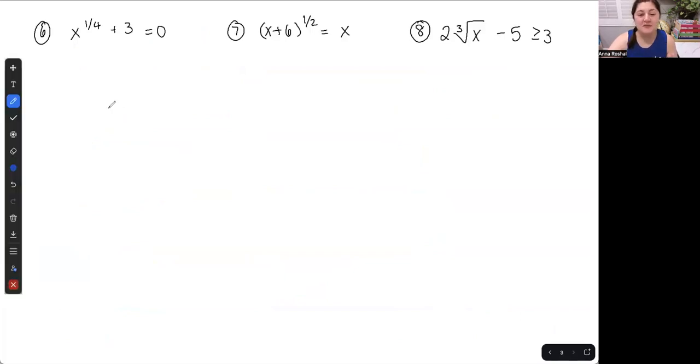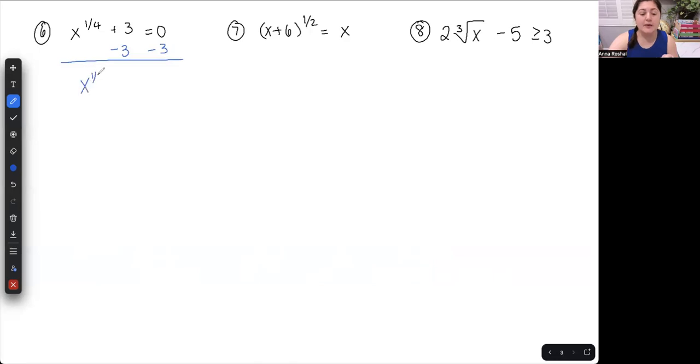Okay, so the other two types of equations that we have in this particular video, we're going to talk about what happens when we have fraction exponents and what happens when we have inequalities. So the fraction exponents, nothing changes. We want to get the fraction exponent term on its own, right? So in this case, I'm going to subtract 3 on both sides.